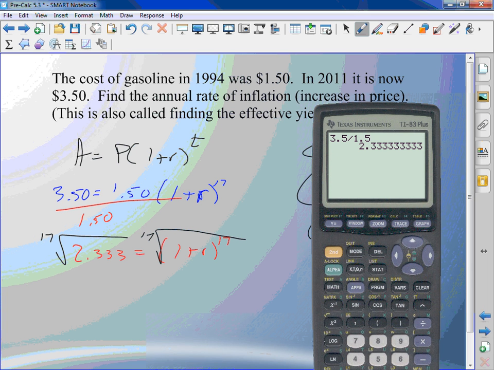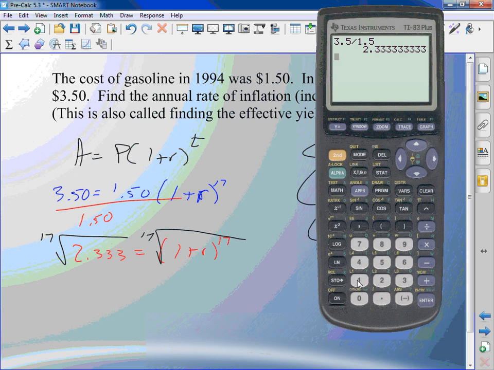Now, the fastest way to do a 17th root on this calculator: 17, math, 5. That says the 17th root of, and I'm just going to go second, negative, and it just says ANS. What that means is it's going to put in the 2.3333333.